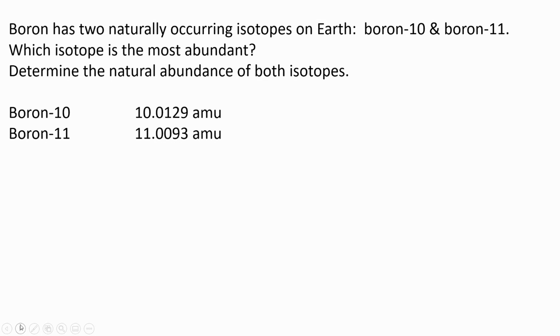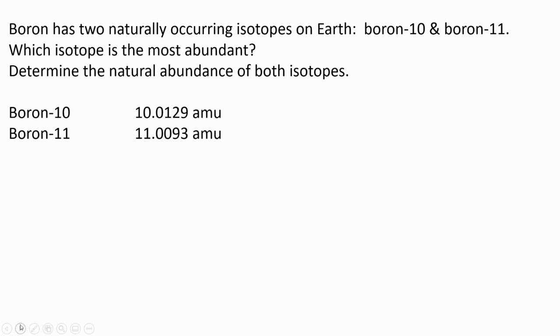We're going to skip ahead, though, to the next problem, which is a problem I really love. It says boron has 2 naturally occurring isotopes on Earth, boron 10 and boron 11. The question they ask at first is, which of these 2 isotopes is most abundant?